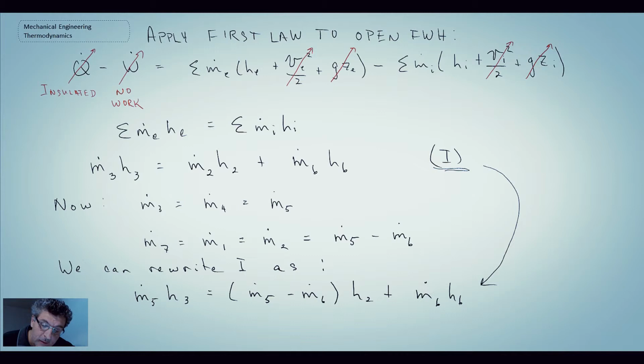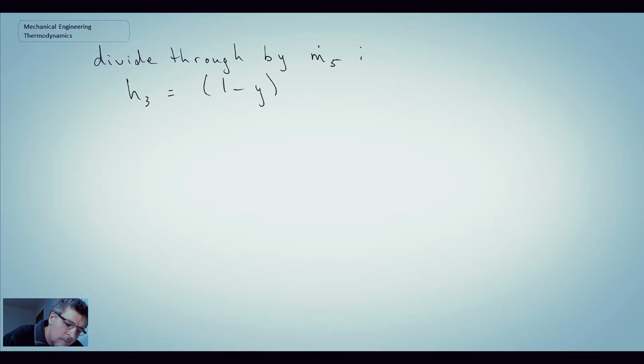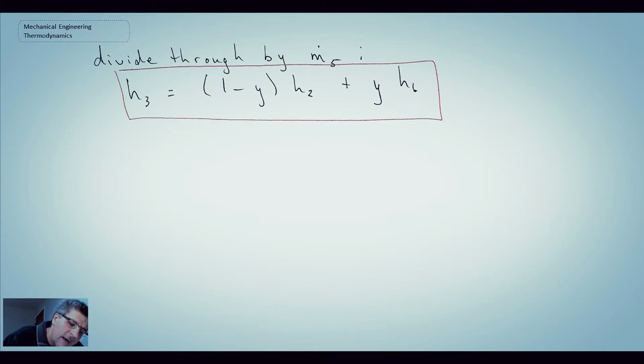Now we're going to divide this equation by the mass flow rate at 5. So let's take a look at what happens when we do that. We get this equation here. So I will box that equation.